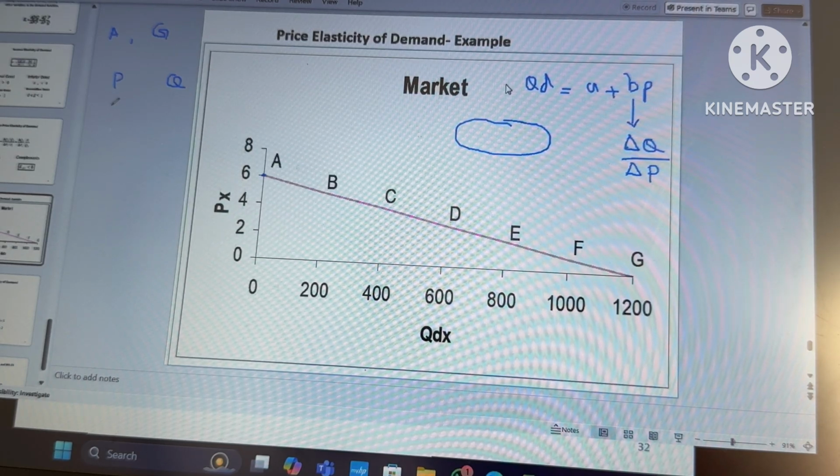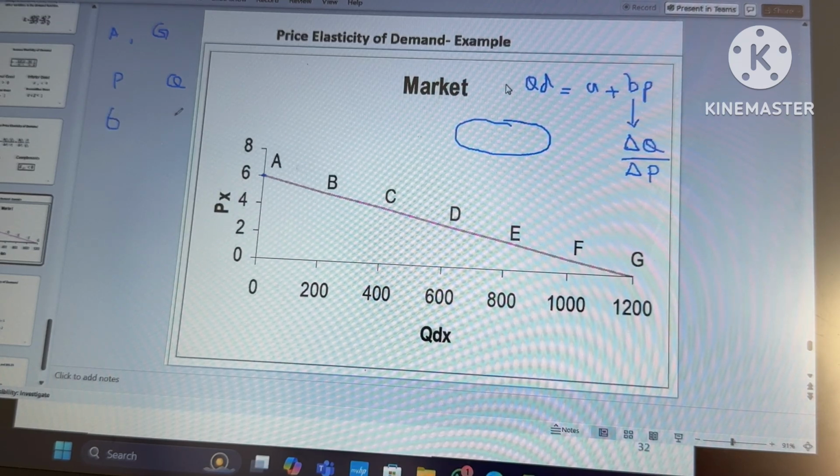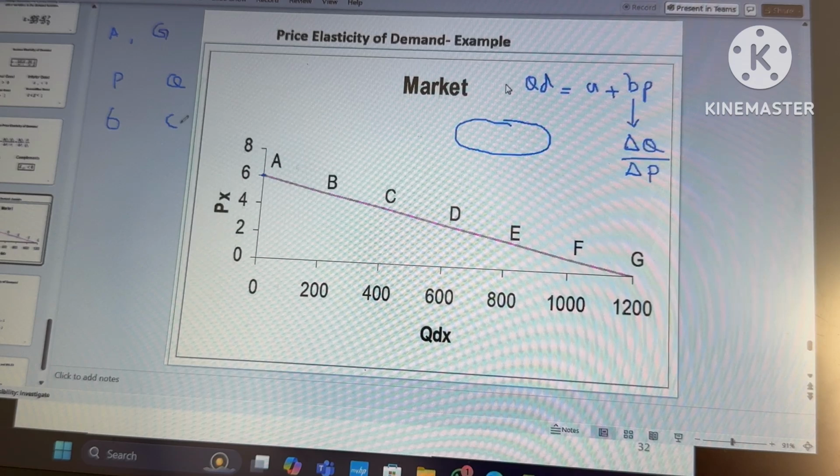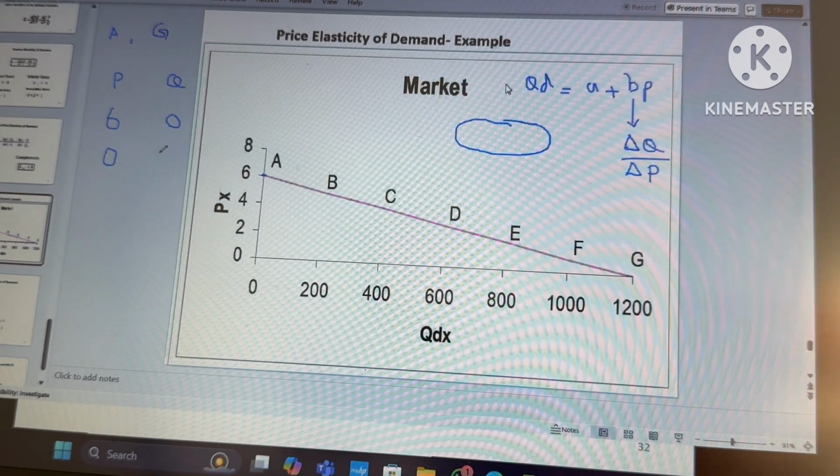At point A, what is the price? 6. Price 6. Quantity? 0. At point G, what is the price? 0. Quantity? 1,200. Okay. Now we are going to calculate the delta Q.